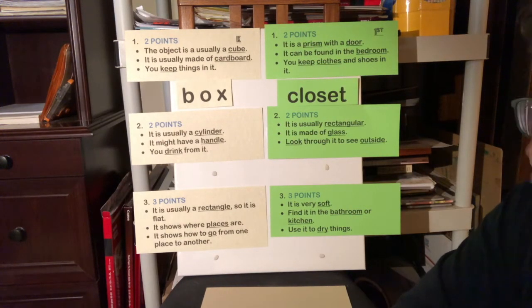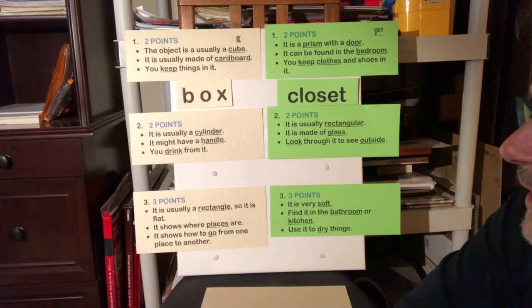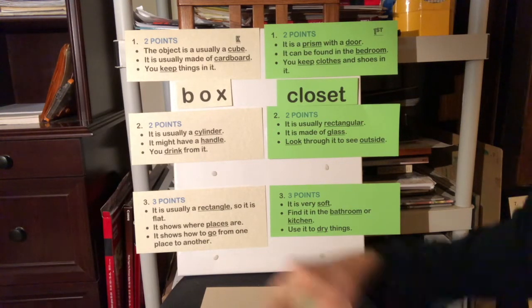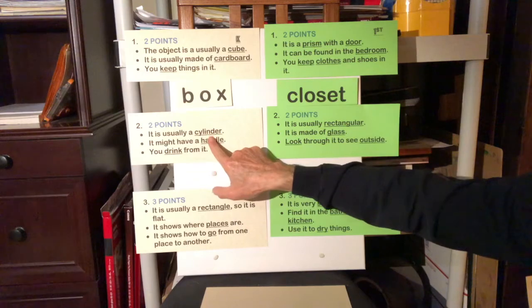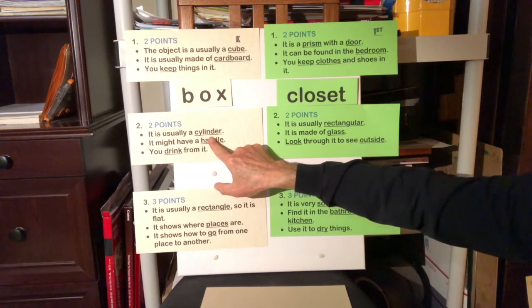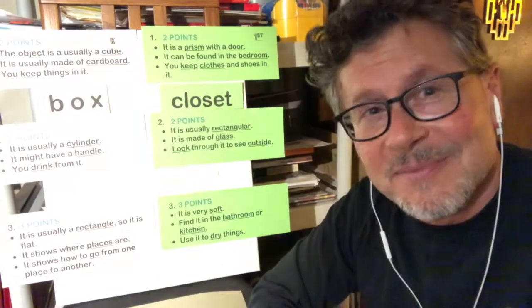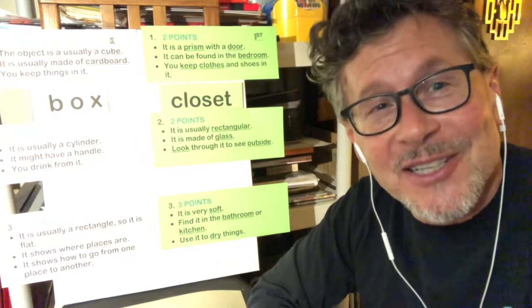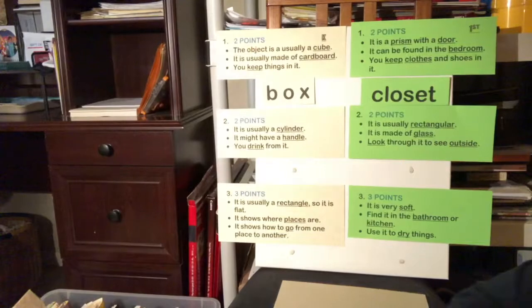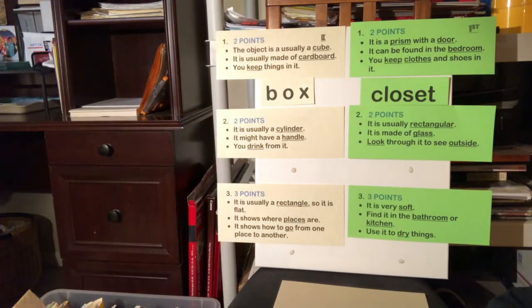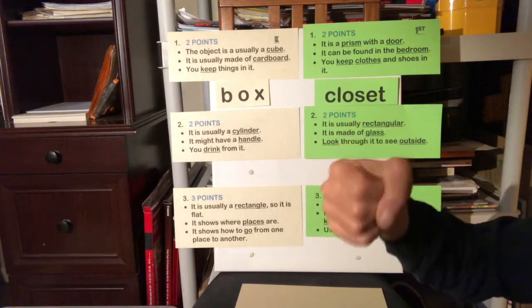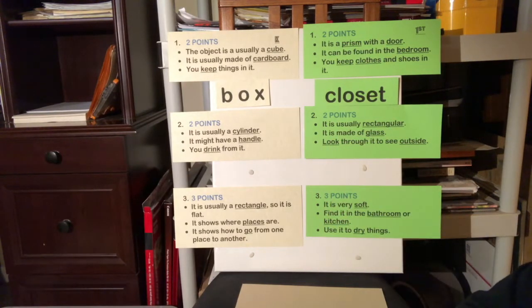On to clue number 2 and word number 2 for the kindergartners, also worth 2 points. It is usually a cylinder. I forgot we had a cylinder in today's clues. It might have a handle to hold on to with your hand.